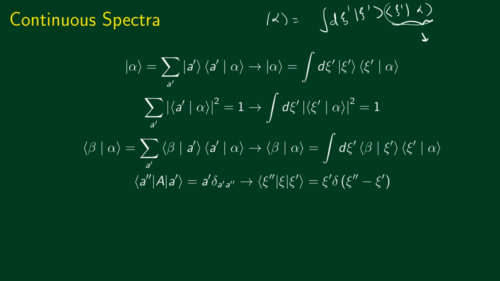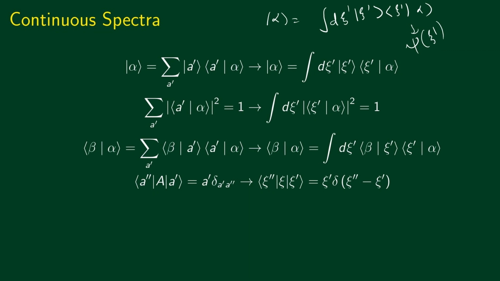And this is something that we are familiar with. This is what we call a function of psi prime. A function of psi prime is a rule that gives us a number corresponding to every psi prime. Now, this is not just a real function. This could be a complex function. So maybe I'll write it as some psi of psi prime. This is a complex function that assigns a complex number to every value of psi prime.